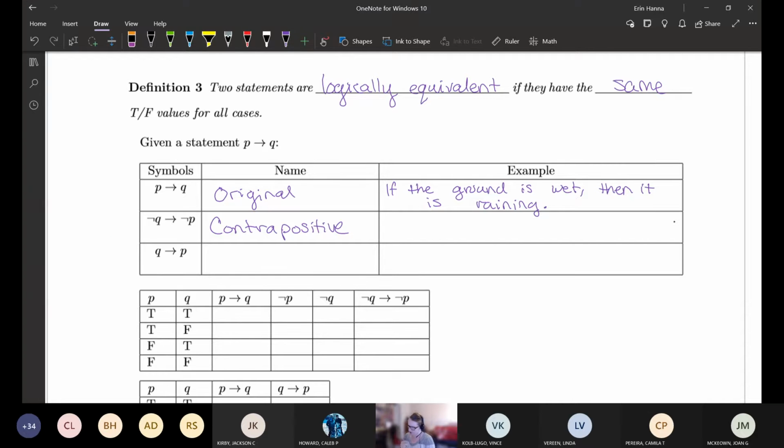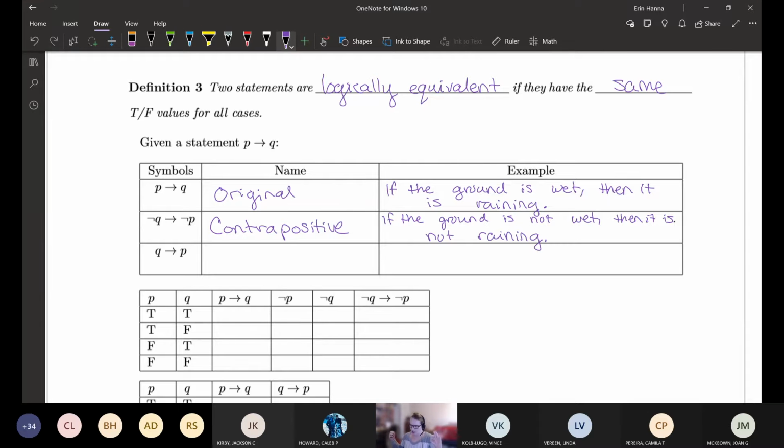So what this would say is, if the ground is not wet, then it is not raining. And again, not saying anything about the true or false values of these yet, just writing down what they are.